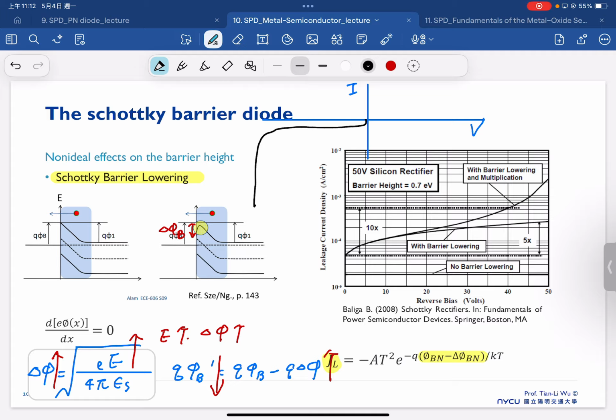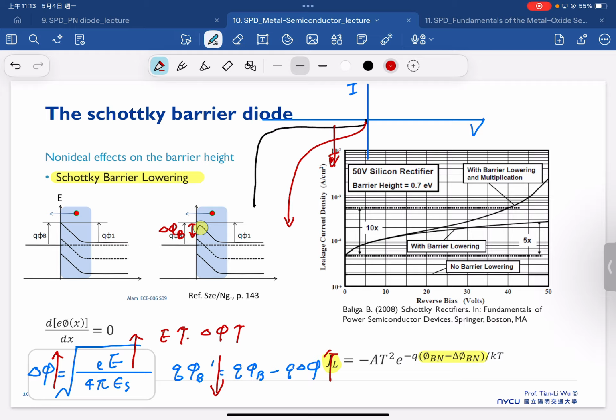But right now, because we consider this barrier lowering effect, where our barrier is reduced even more under high bias, we can foresee that our leakage current is increased.